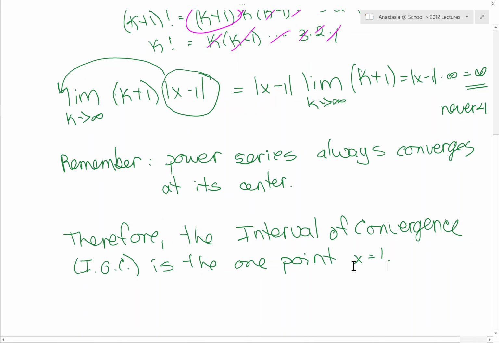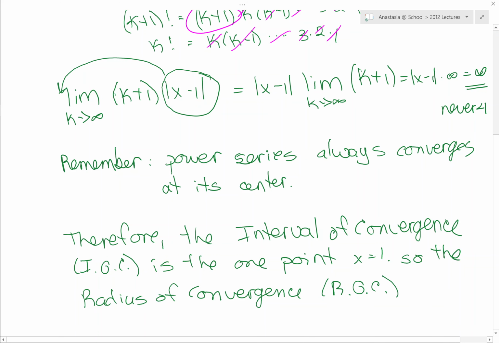Since the radius of convergence is half the distance of the entire interval, and this interval is only 1 point, the distance of that interval is 0. This means that the radius of convergence, which again I like to abbreviate with an ROC, and you can feel free to do that in your own solutions, is going to be R equals 0.